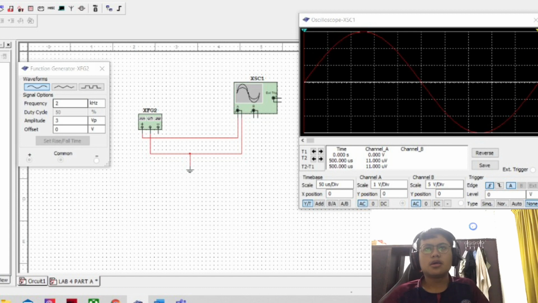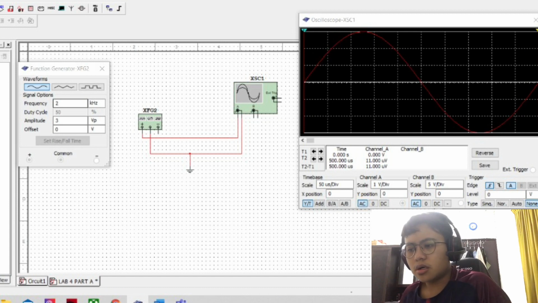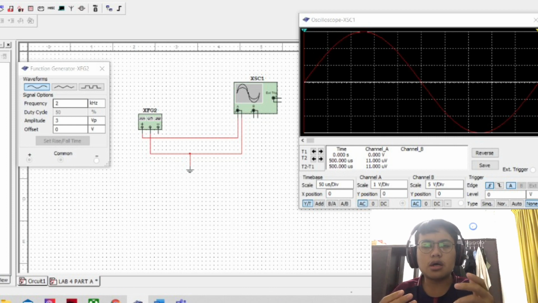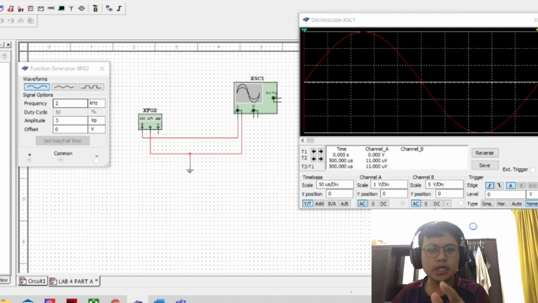For my understanding, VP is equal to VPP multiplied by 0.5. If the lab sheet gives the value of 5 VPP, multiply 5 VPP by 0.5 to get the VP. We get the answer of 2.5 VP.